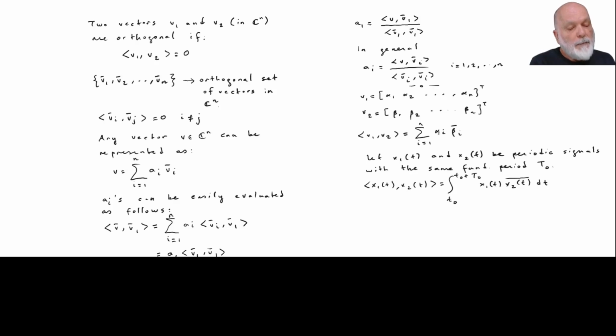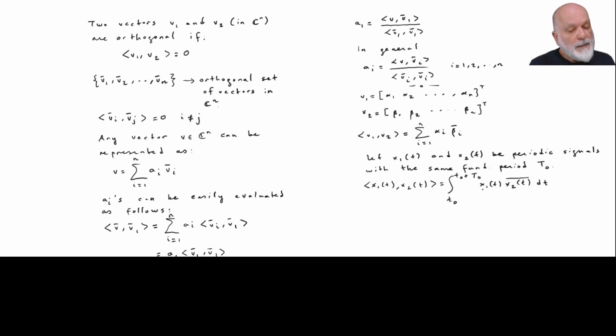We multiply alpha i by beta i conjugate and add them. Now, in the case of functions, as you see, we have infinitely many values, in fact, uncountably infinitely many values. So instead of the simple summation operation, now we have integration.